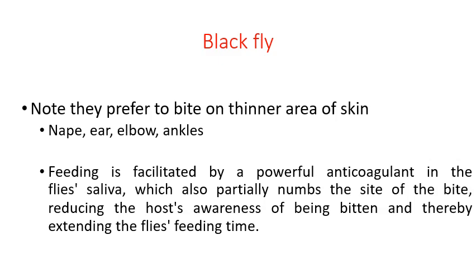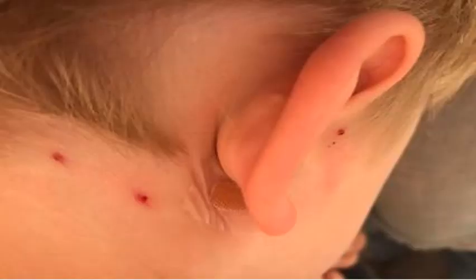So that's why it will help the black fly feed on the blood without the host being aware of its presence, thereby extending the fly's feeding time. So again, the black fly tends to bite on thin areas of the skin, the ear, the nape, the elbow, and the ankle.